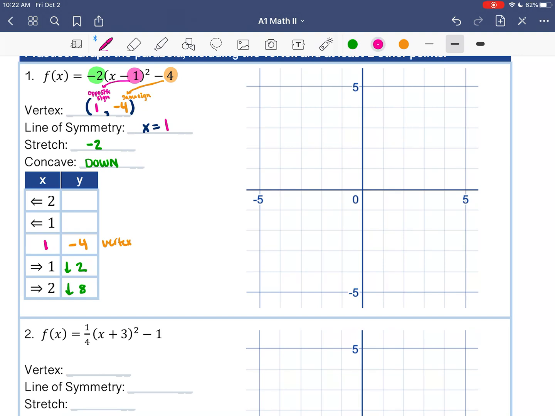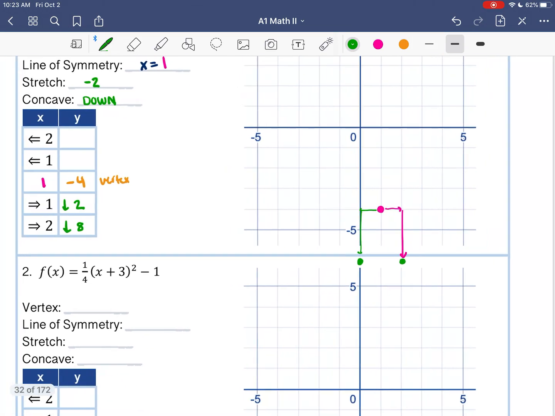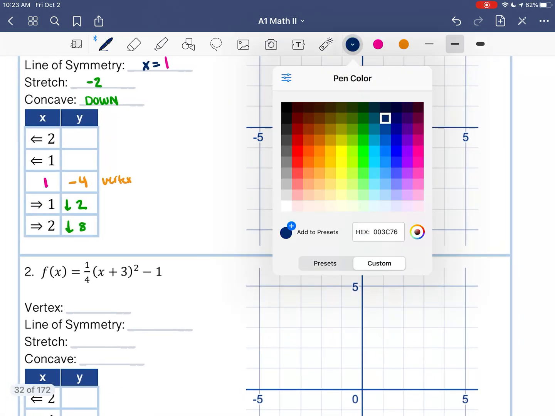So I'm going to start with my vertex at +1, -4, which is right here. And then from that point, remember, we go over 1 and then down 2. This is why I changed it to be a positive, because we can't even fit the over 2 down 8 on the graph. I'm just going to copy this point to the other side of the function, over 1 down 2.